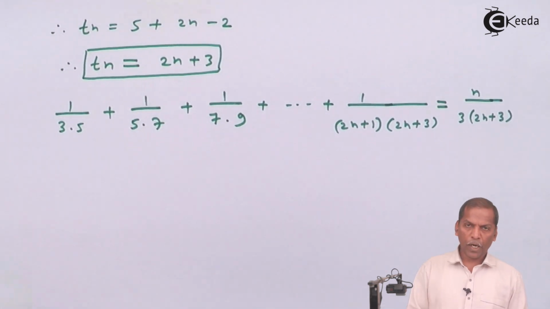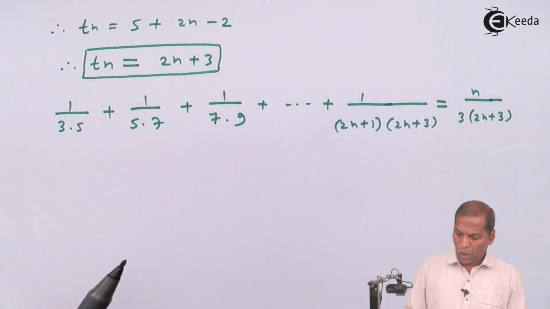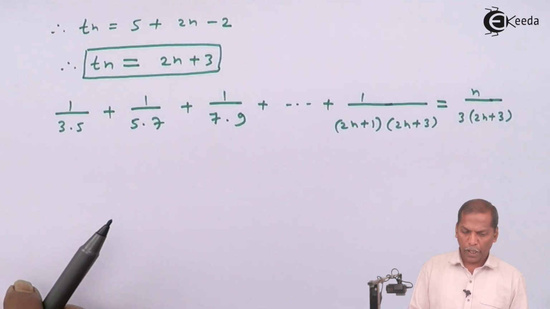Now here we consider step number 2. It means we assume the result is true for n equal to k. So in the above statement we write n equal to k.